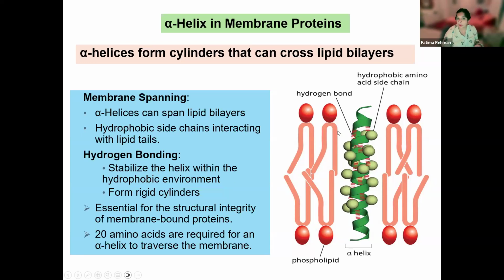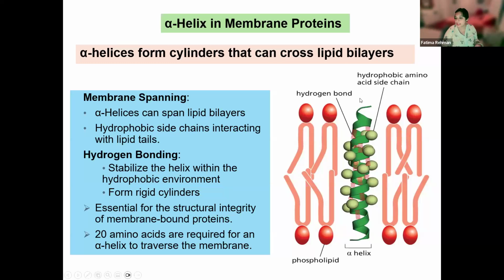These are formed through hydrophobic side chains interacting with the lipid layer. So these side chains on the outside are the ones that are going to interact with the lipid bilayer. And then you'll have these sparse amino acids that may be facing inside. Those would be your hydrophilic ones.